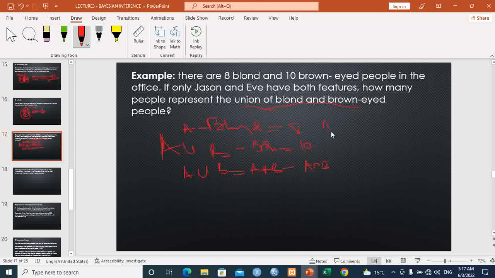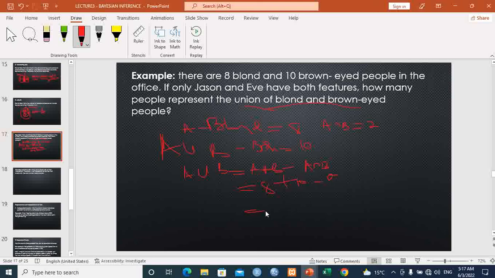And A intersection B is equal to, we have 2 people, Jason and Eve, so 2. So A union B is equal to 8 plus 10 minus 2.